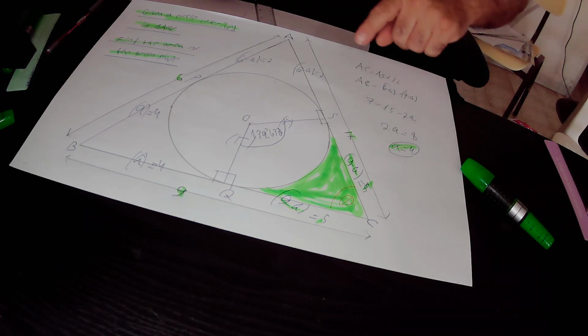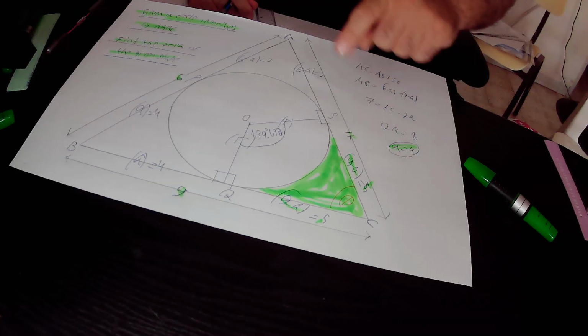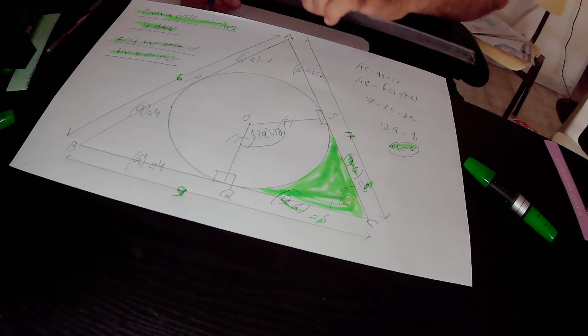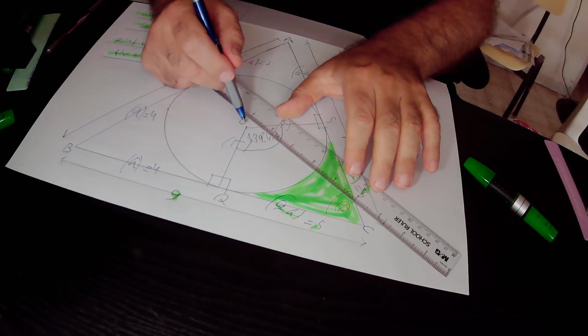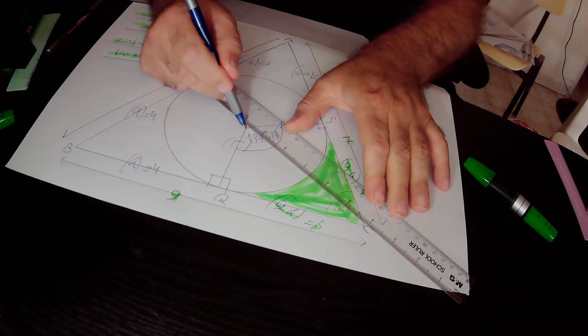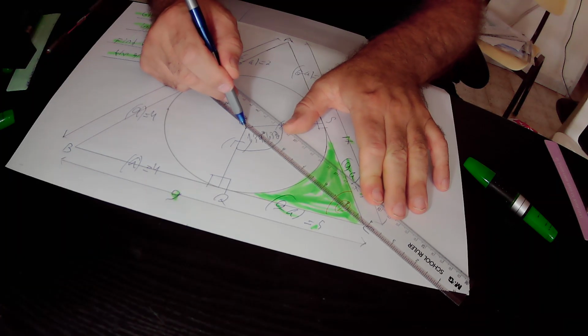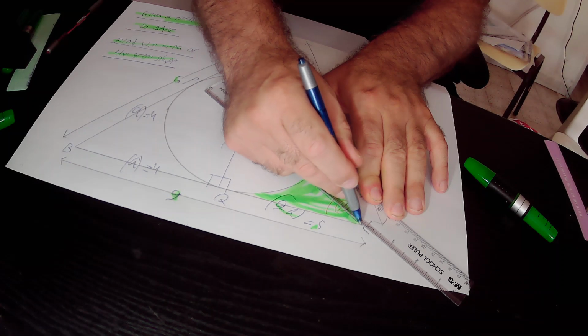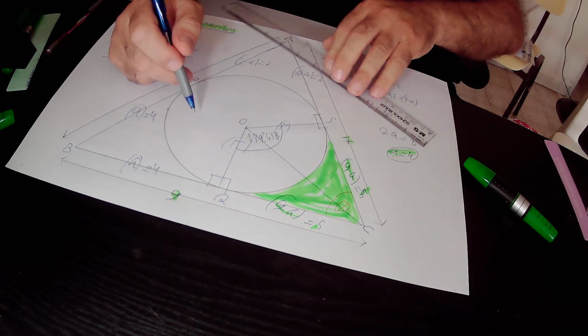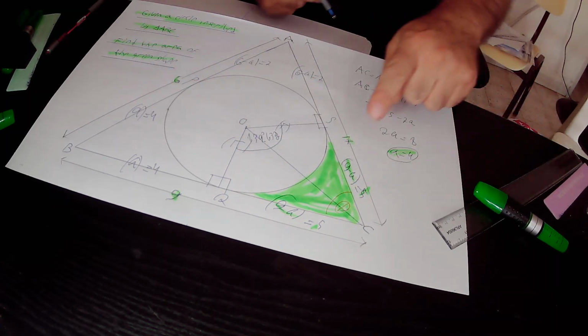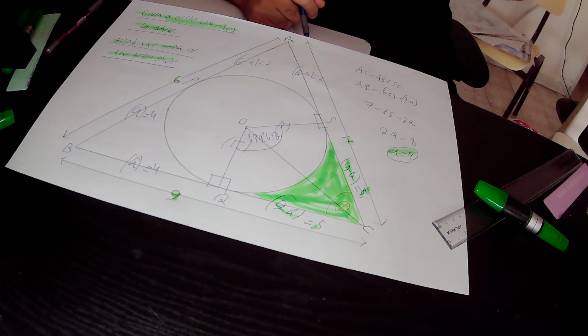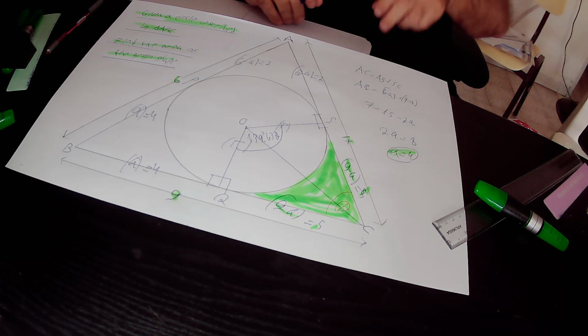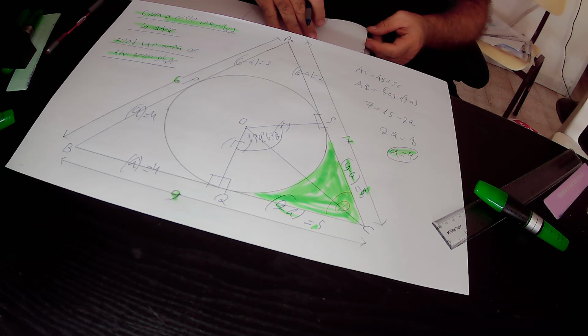In the next step, we'll join points O and C together by a straight line. Our task is to find out the area of this green shape. So what is the area of the green shape?